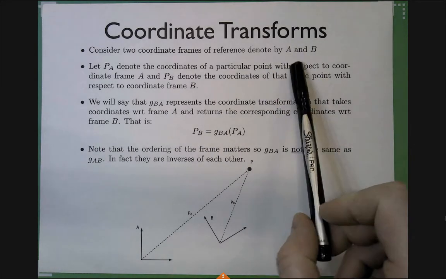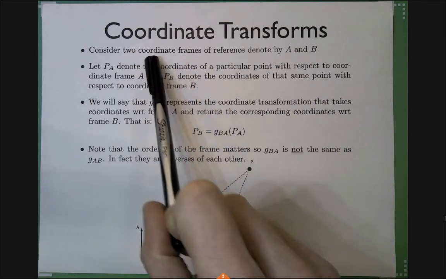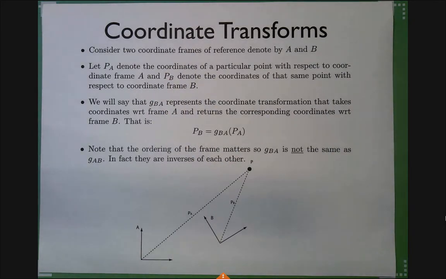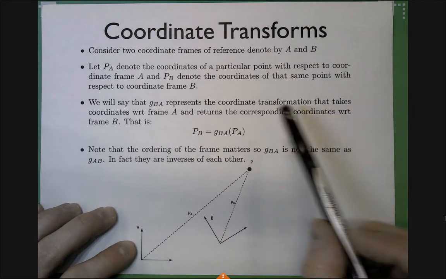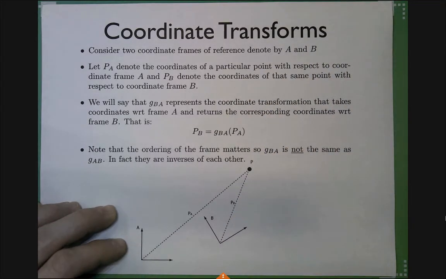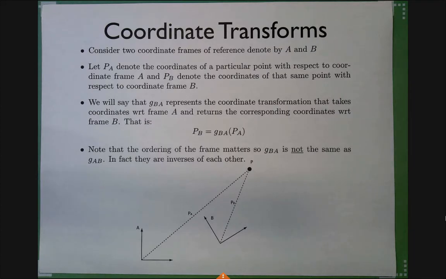So let's first talk about how we measure coordinates in coordinate frames. A coordinate frame is basically just a point in space. If I was to be formal, I would say an affine space, but I think the intuitive understanding here is sufficient.